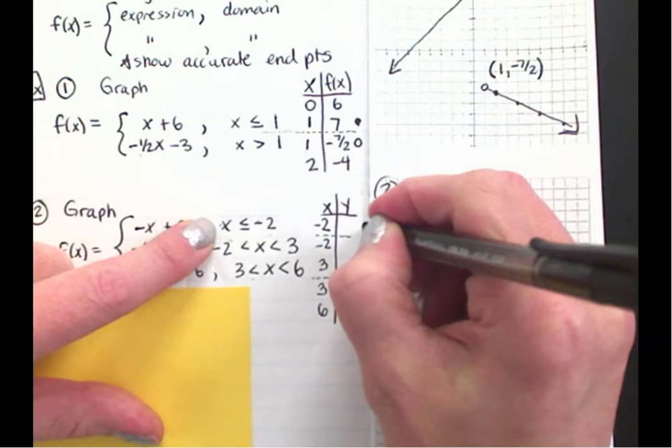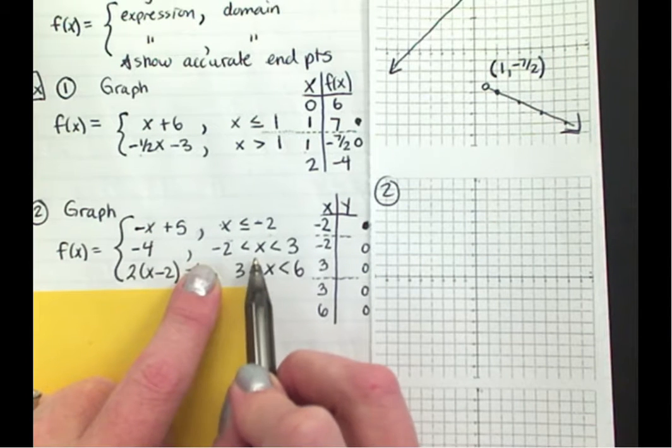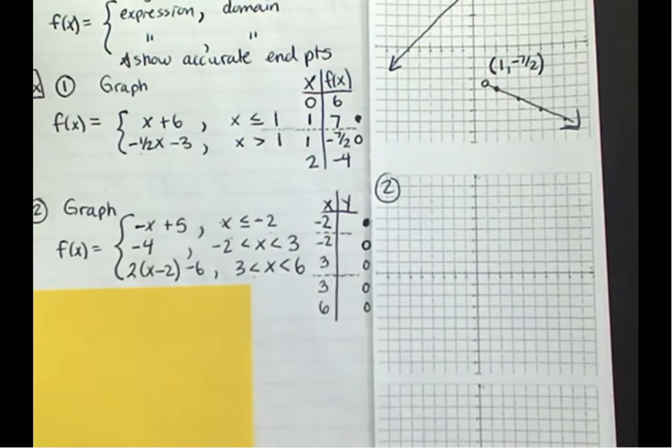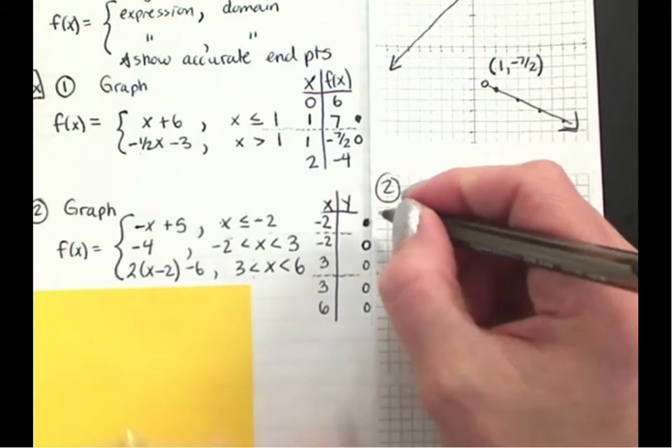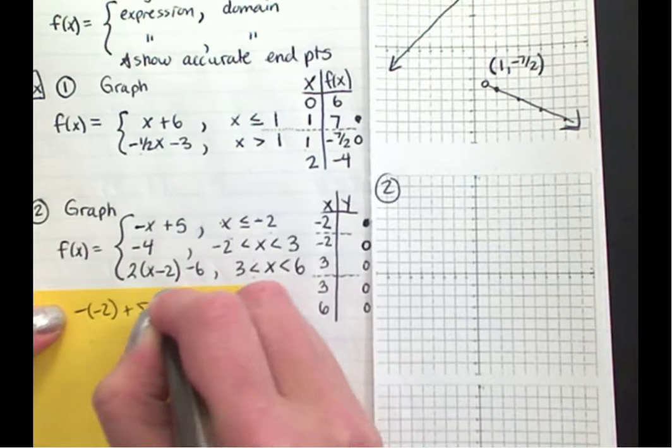Yes, included. Is -2 included here? No. It's still an endpoint, right? But it is not actually included. It's an open circle. But the point is still going to be there. Okay.